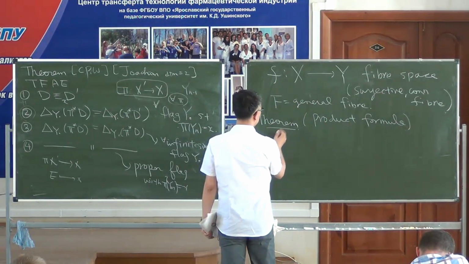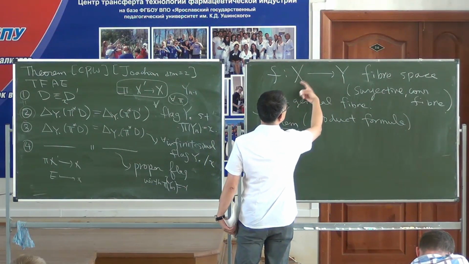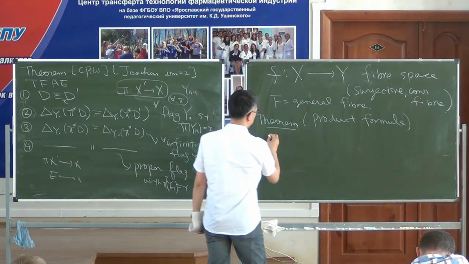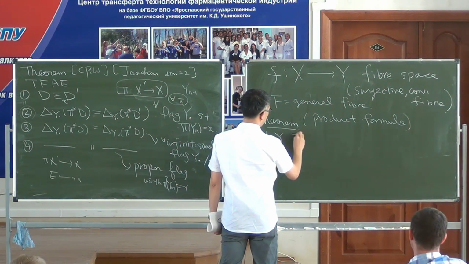And let's assume all the varieties appearing are of general type. X, Y, F are general type.